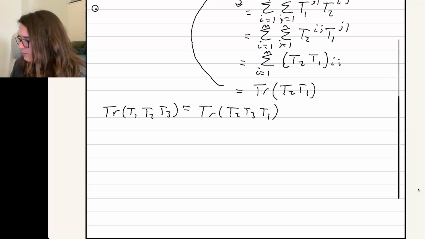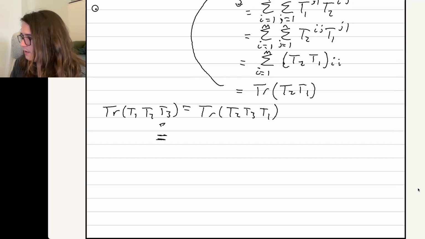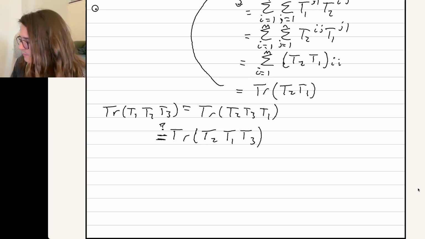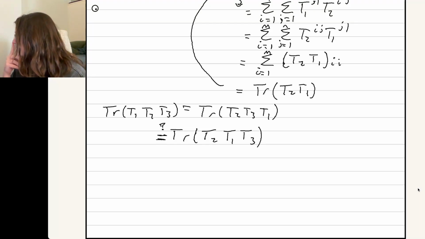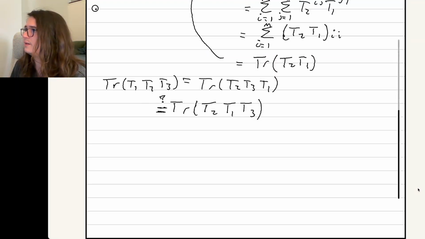But does it equal the trace of the matrices in this order, T2, T1, T3? Griffiths suggests that we supply a counterexample to disprove that you end up getting this same sort of thing.